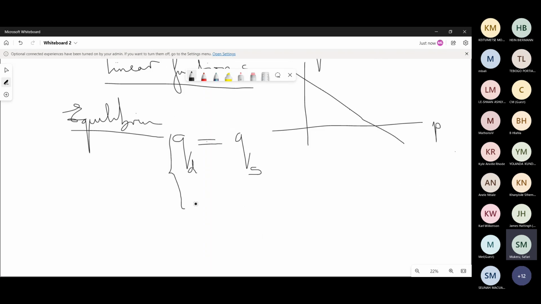Also, the price for the demand must be the same as the price for the supply, right?